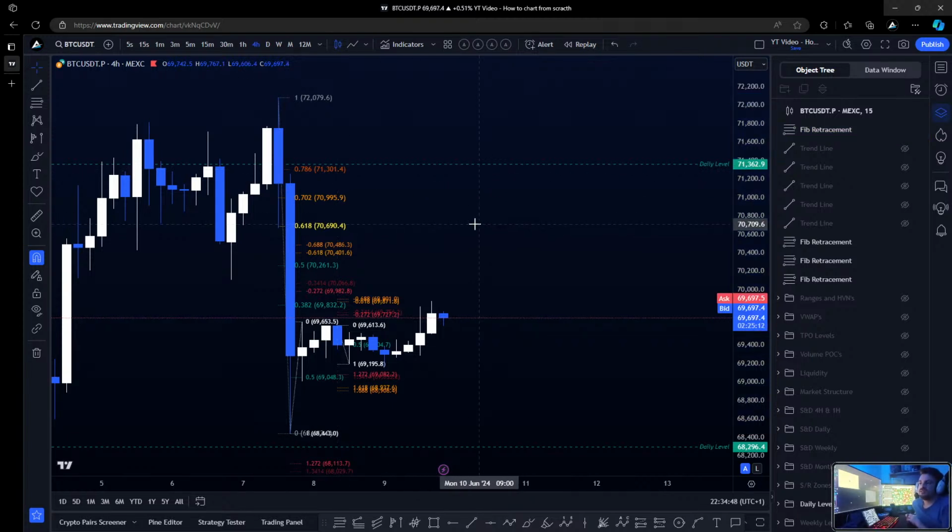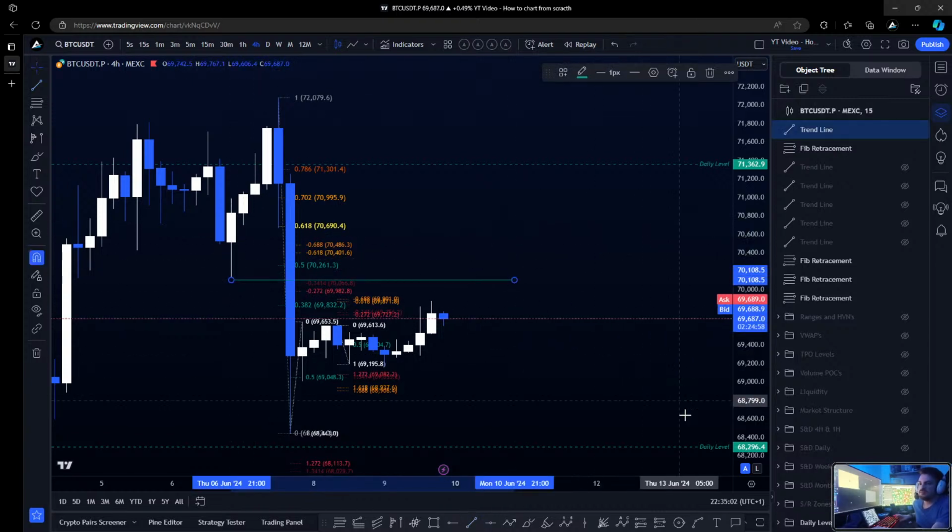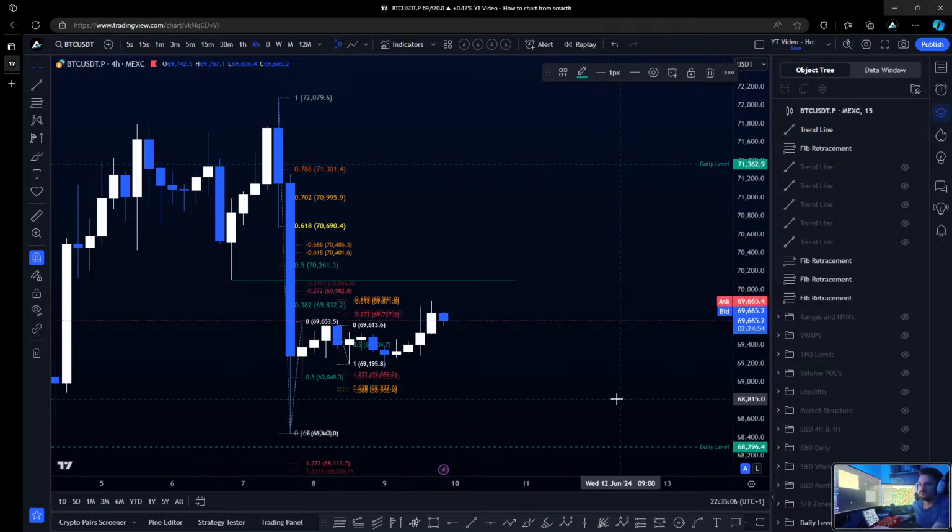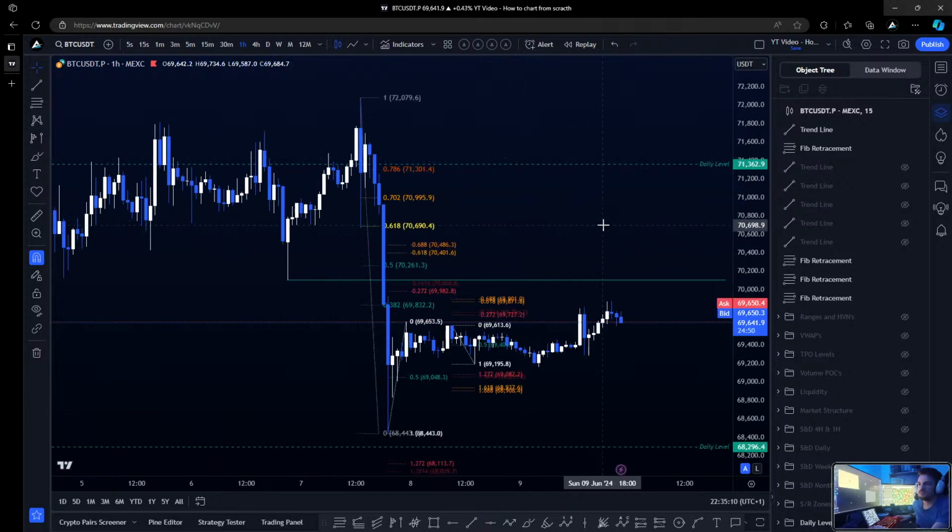For example, lately I've been really appreciating the value of timing. For example, let's imagine that at 6 a.m. my time, oh, I can't mark it because I'm on the 4-hour.